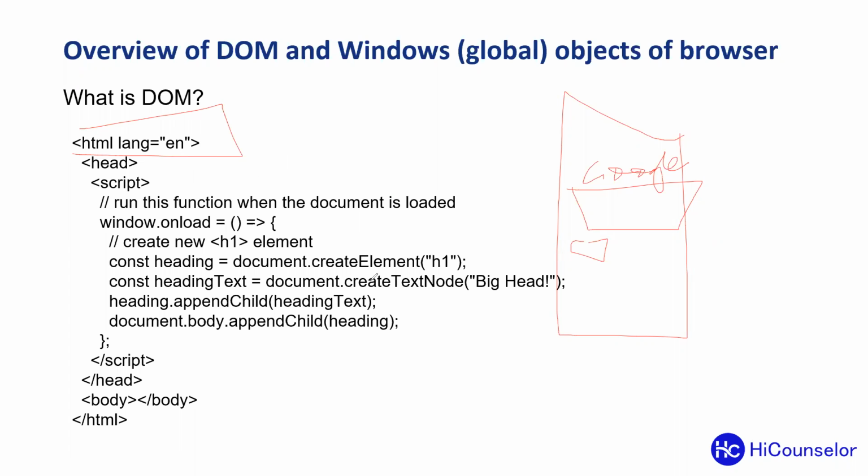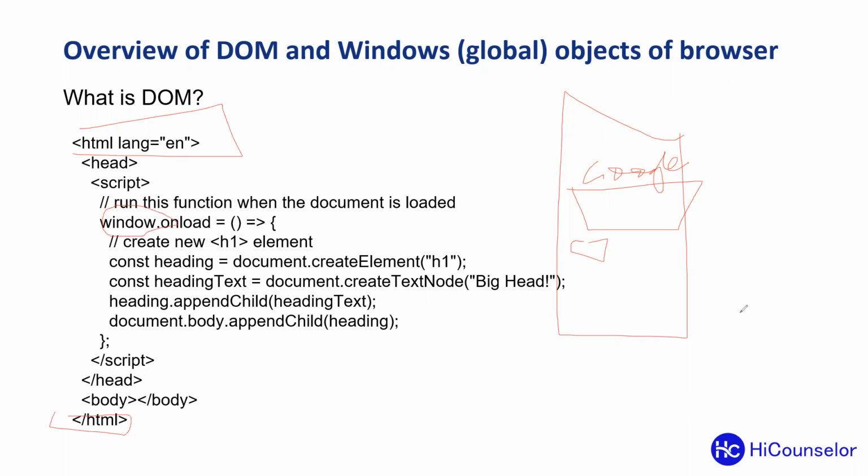Later, when we start the actual coding, we will see what each tag means and why we use it. For now, just for understanding the window and DOM object, let's consider this example. This web page is nothing but the total window object. It is the parent of this page.